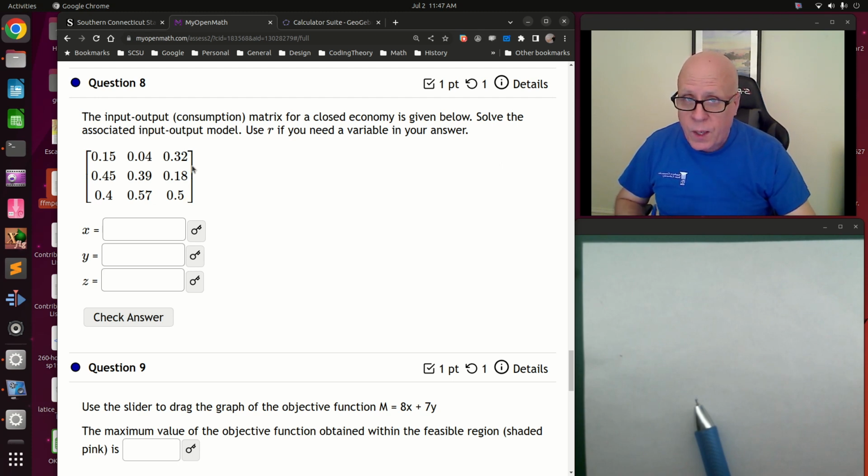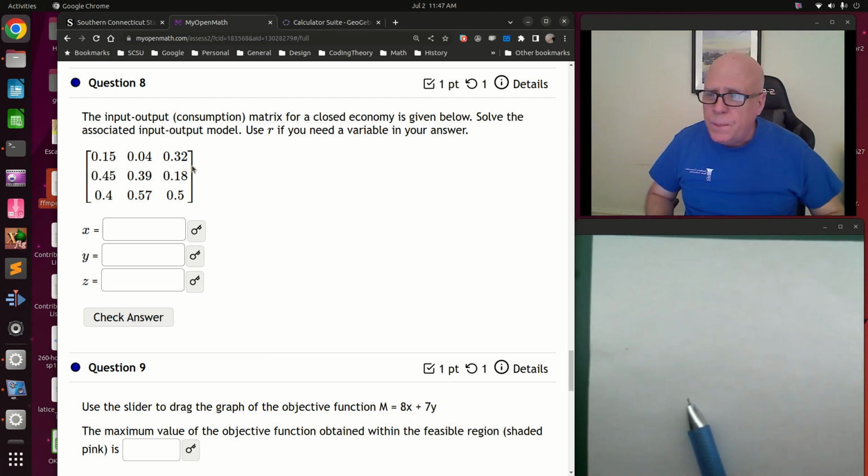So all of the output from each section of the economy is being used up within these three sections. Nothing is left over, and nothing is coming in from outside of those three sections. That's closure, right? You've just got a tight little village with 3 people in it, and no outside communication. All right, so how do we solve such a problem?